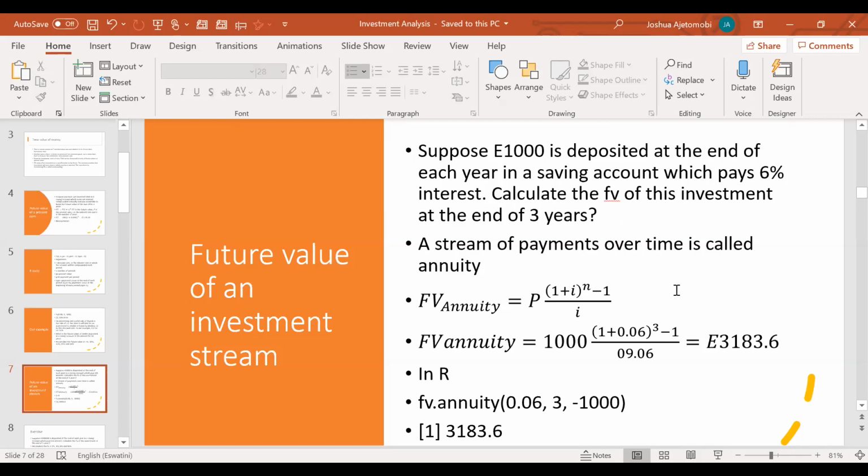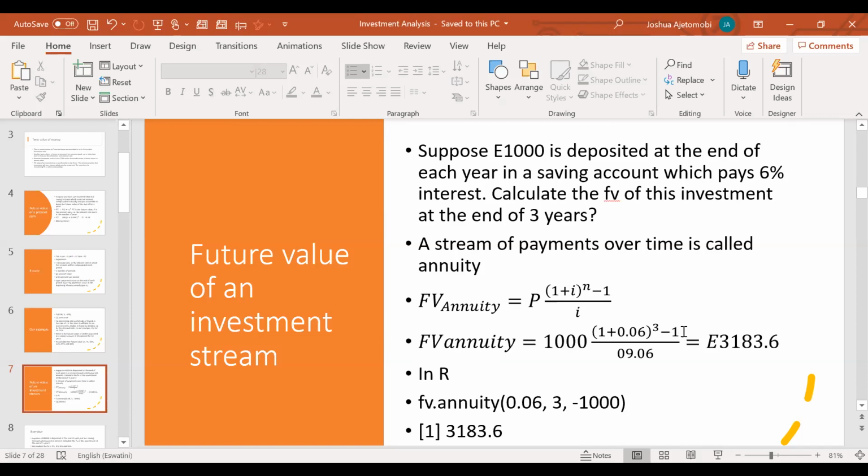Sorry, Prof. The one, are we subtracting it from n, or from the answer? You are subtracting it from 1 plus I raised to power n, not from n. So if you look at it here, you have 1,000 into 1 plus 0.06 to 3, then minus 1.